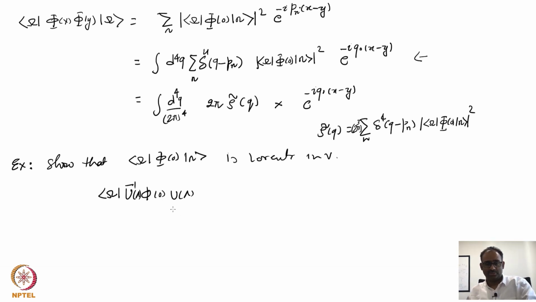So you have 3 rotations and 3 boosts. Those parameters which parameterize rotations and boosts are contained in Lambda, and here is this operator which does that transformation, and you have ket n. But then our vacuum Omega is invariant under Lorentz transformations. So that remains Omega, and then you have phi of 0. Then U(Lambda) acting on ket n, let us denote it by this state.